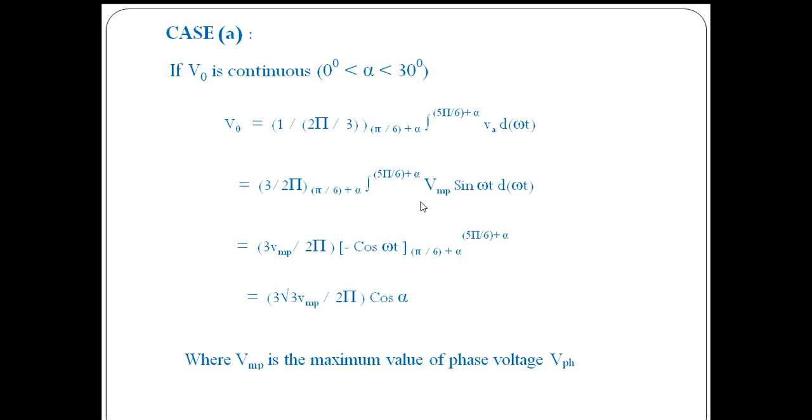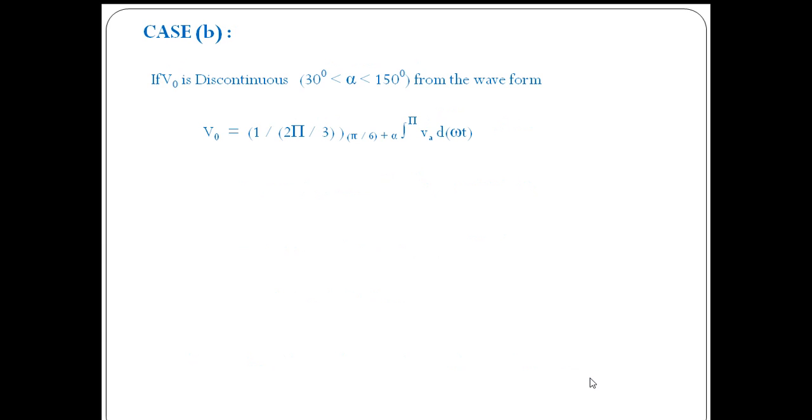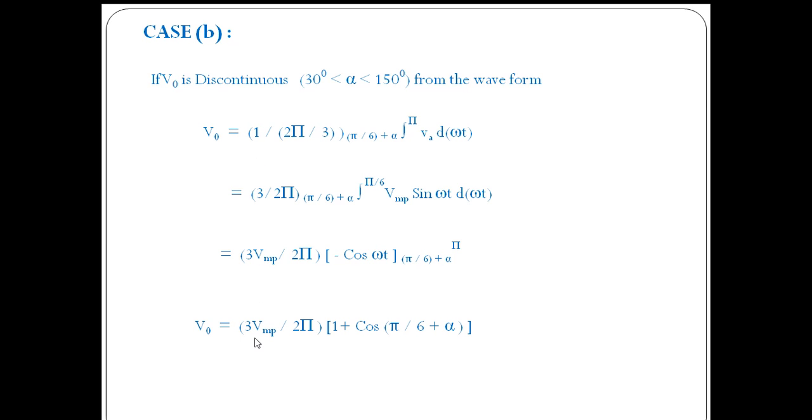If you integrate the expression, where Va is Vm sin omega t, we will get the output as 3 root 3 Vm divided by 2 pi times cos alpha, where Vm is the maximum phase voltage. For 30 to 150 degrees, we will get the expression as 3 Vm by 2 pi times 1 plus cos of pi by 6 plus alpha.